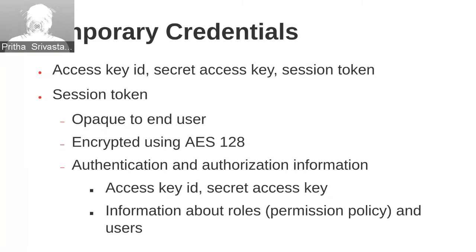The authentication information consists of the access key ID and the secret access key, which is used for calculating the signature of the incoming request. And the authorization information mostly contains the user information, the role information, and the session policy that is passed along with some of the STS APIs. And all these permissions are evaluated to either authorize a request or to deny that request.